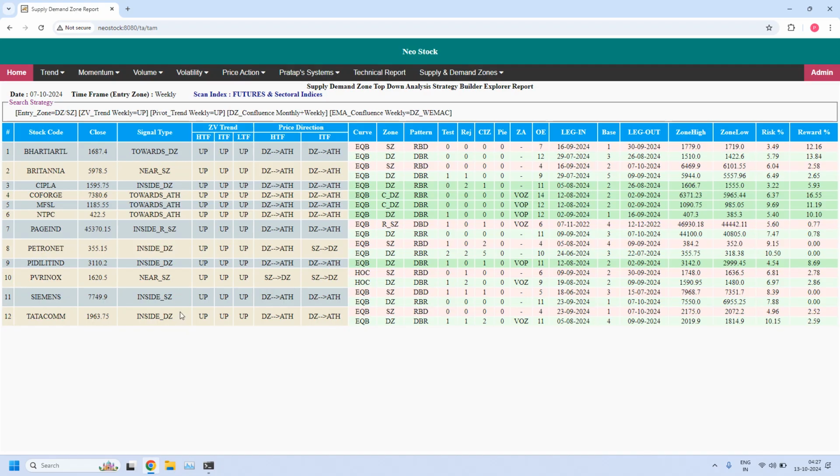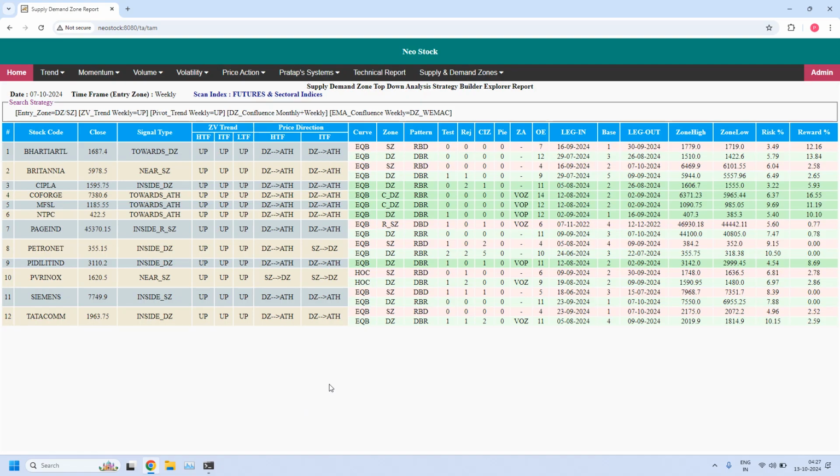Now in these stocks, some are inside the demand zone, some might be near the demand zone, and some are moving towards the demand zone. If the prices come back to these zones, probably you can plan your trades. That way this list will be helpful to you.